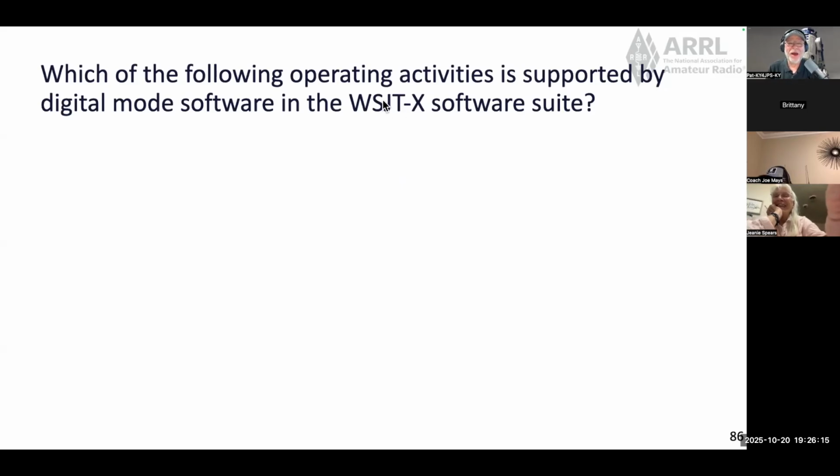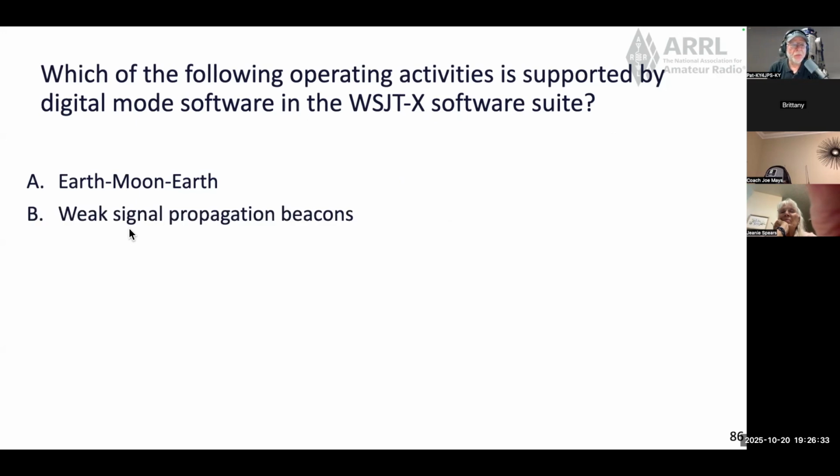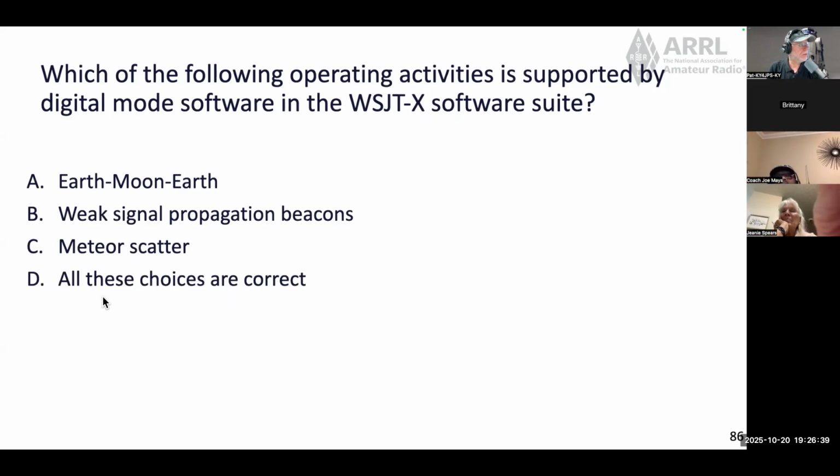Which of the following operating activities is supported by digital mode software in the WSJT-X software suite? A, Earth-Moon-Earth, which means you're sending a signal from the Earth, bouncing it off the moon and back to the Earth. B, weak signal propagation beacons. C, meteor scatter. Or D, all these choices are correct.